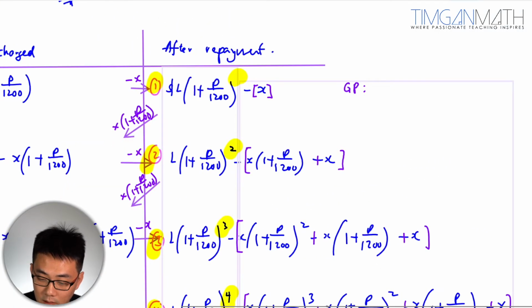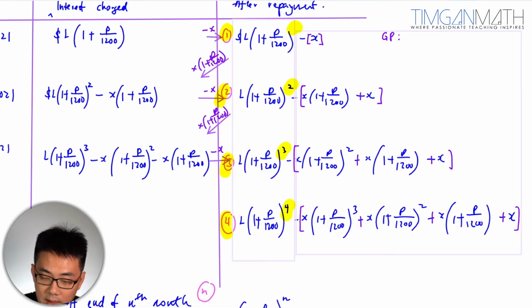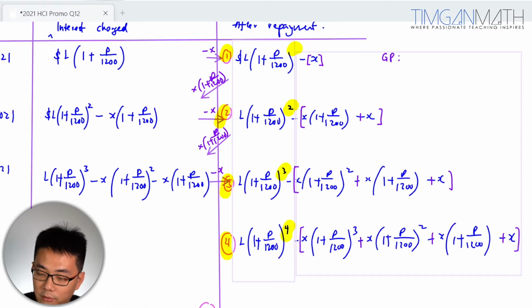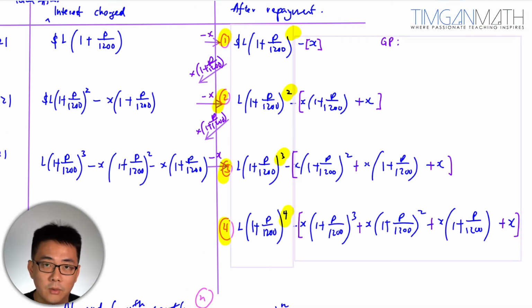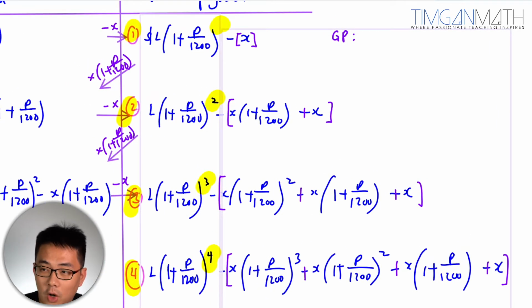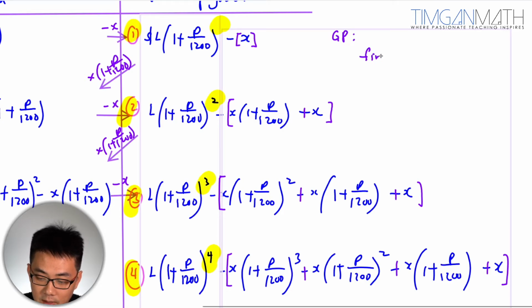For the last part here, like I said, we've done this many times in class already. So if you can't do this, please go and get the worksheet that I've compiled for you just to practice this. If you can't do this, you really need to practice this. It's a very, very common question. What you need to do is the first term. First term is x.